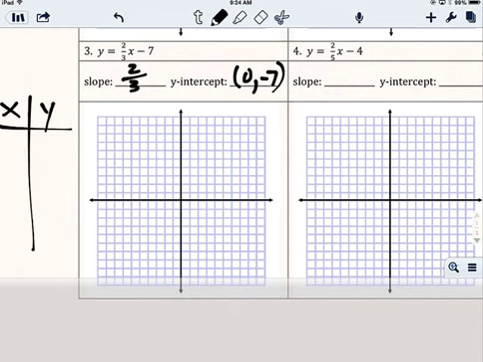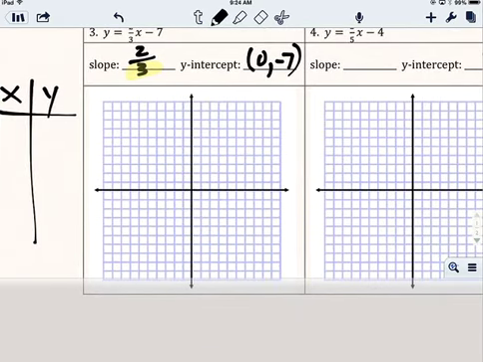I'm noticing here that I have division by 3 in my inputs because the slope is 2/3. So I'm going to only choose numbers that are divisible by 3 for my inputs. Negative 6, negative 3, 0, 3, and 6 I think should be sufficient.